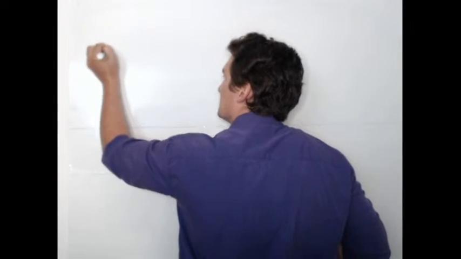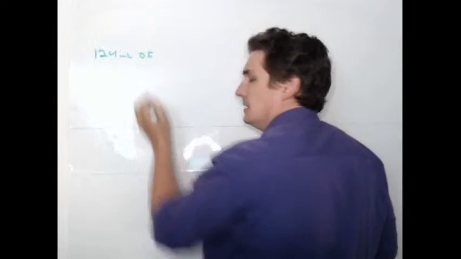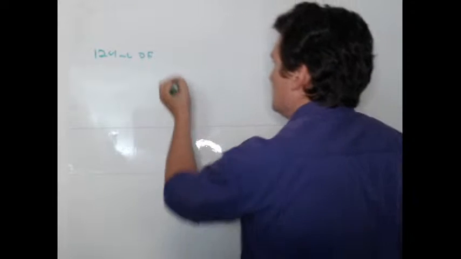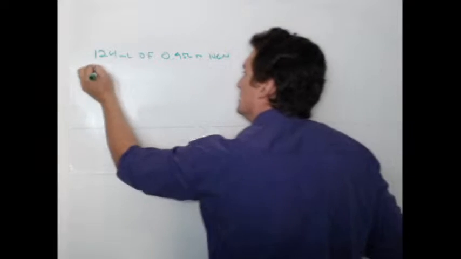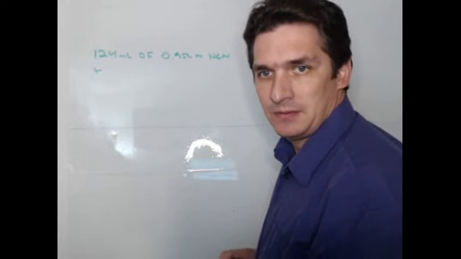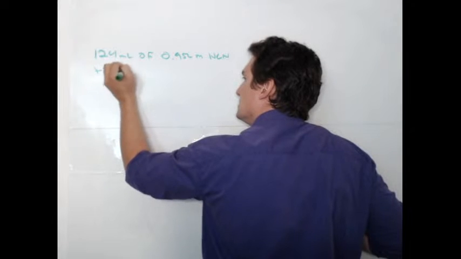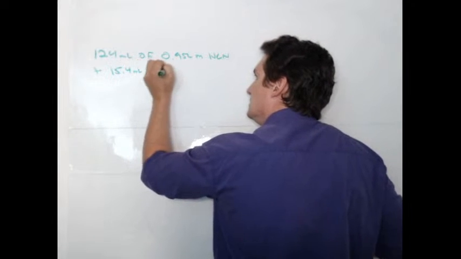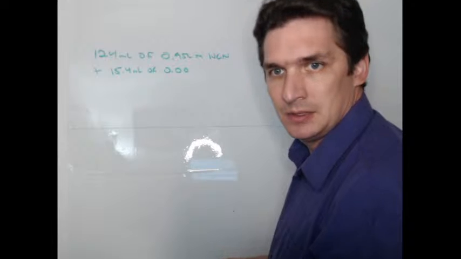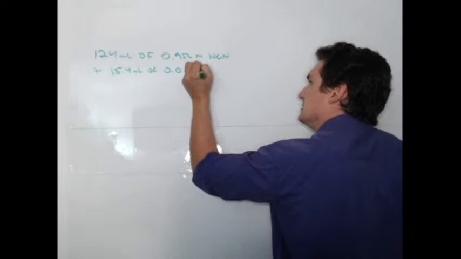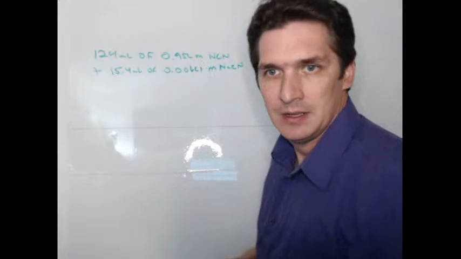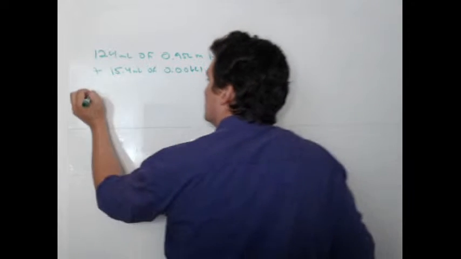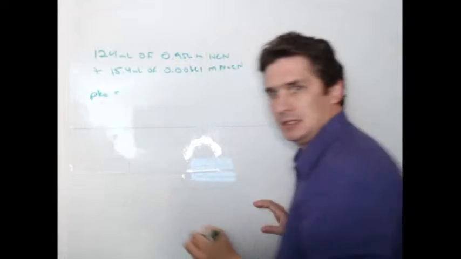So you want to know the pH when you take 124 mLs of 0.956 molar HCN and mix it with 15.4 mLs of 0.00661 molar sodium cyanide. You're given that the pKa here is 9.21.